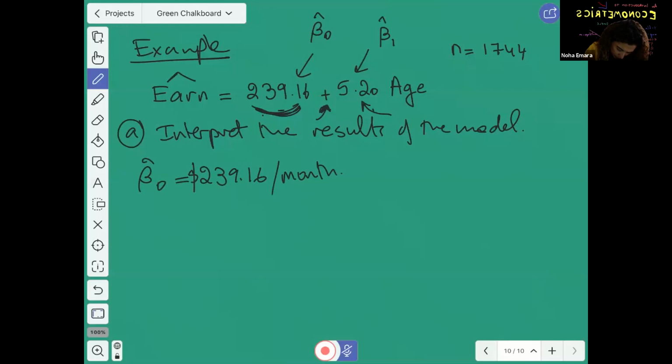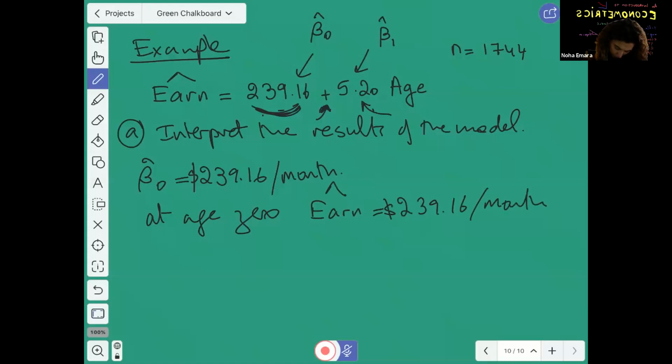This implies that at age 0, the estimated earnings, or earnings hat, is equal to $239.16 per month. And of course, age 0 doesn't make any sense, because I don't have age 0. If the person is age 0, then there are no earnings.